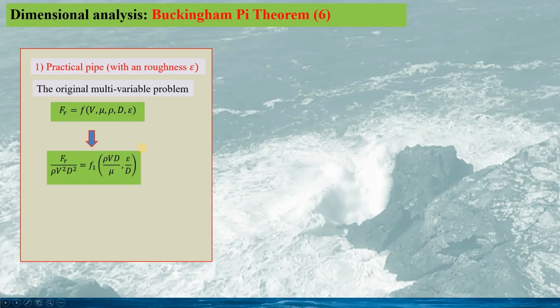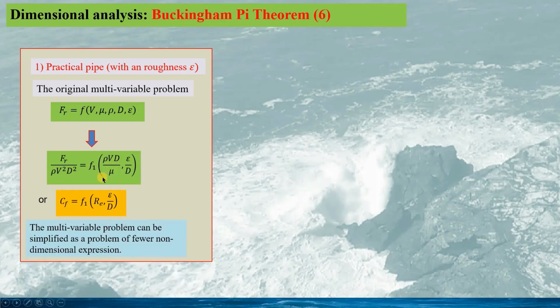But after the dimensional analysis, the non-dimensional fluid friction can be expressed as a function of 2 non-dimensional parameters as this. And more specifically, this expression can be expressed as the friction coefficient CF as a function of the Reynolds number and the relative roughness of the pipe wall.